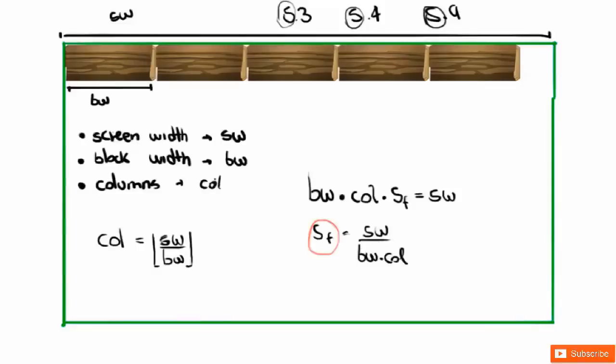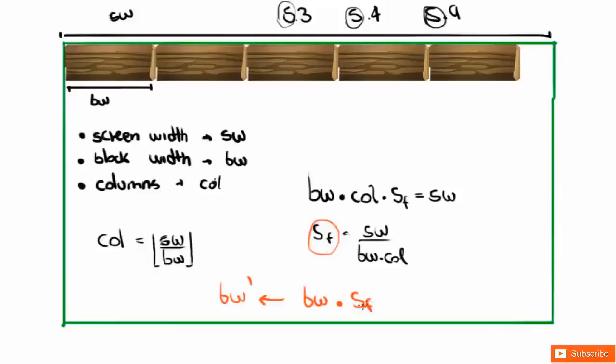SF value is basically a value that has to multiply the block width. So the actual block width, the block width prime, let's say, and this is the target block width, has to be block width, the standard width of the block, times this SF, which changes for each configuration.